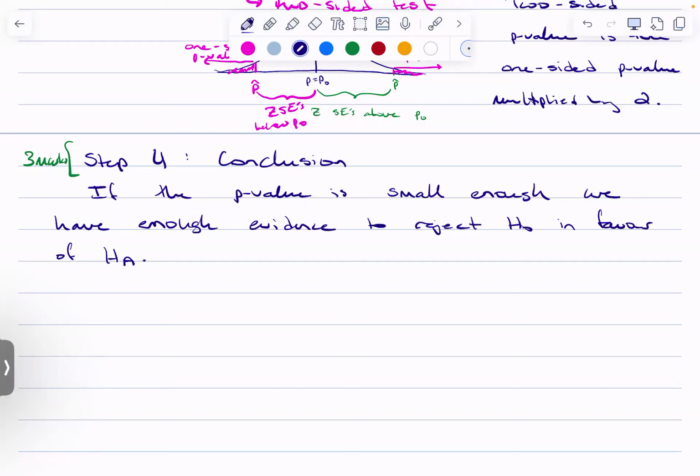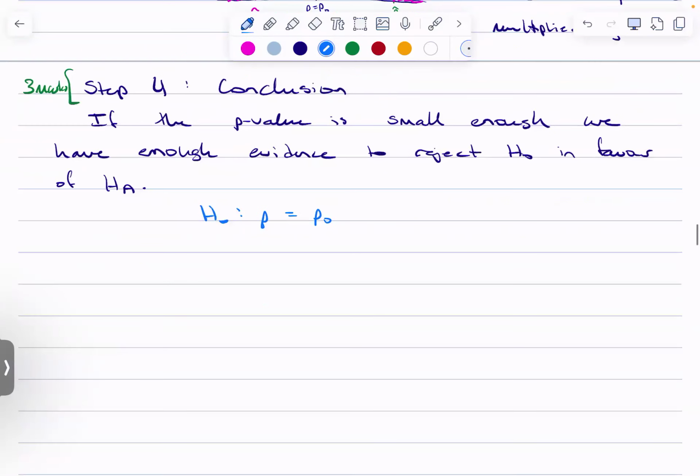Thinking about our null hypothesis that P is indeed centered on P naught, the alternative is that it's not, and it doesn't tell us what it is centered on. It just says that once we compared our sample to this P naught, we found that kind of unlikely.